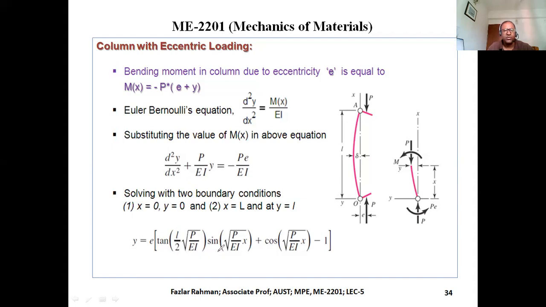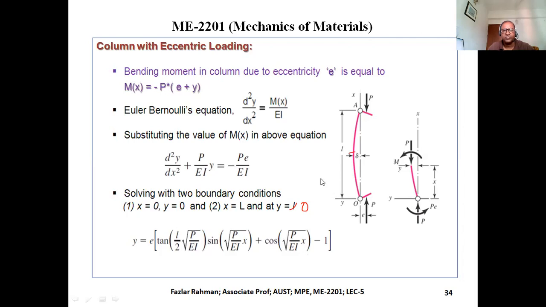Again, if you put x equal to L, then you just simplify this equation, your y value has to be 0. But at what location will the value of y be maximum? Obviously, when the length is L by 2, at the midpoint of the column, the deflection will be maximum.